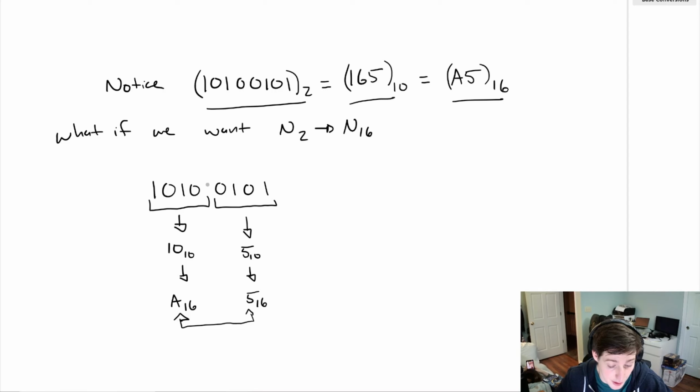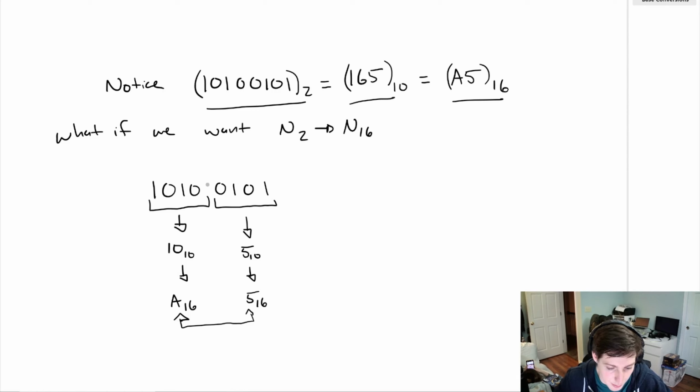Now the 10 in base 16, which is what we're looking for, is represented by A, and the 5 in base 16 is represented as 5. So from this, we just tie these two together. What we get is A5, which, looking above, we had our binary number, and we kind of jumped over the decimal conversion, and we arrived at that hex conversion.